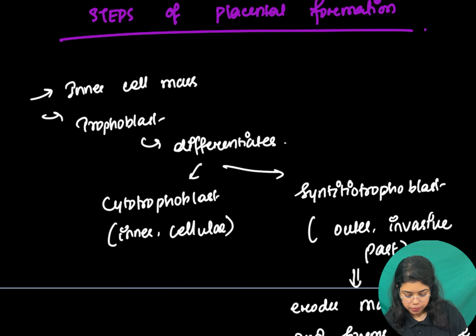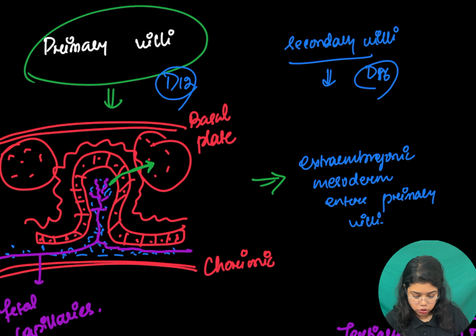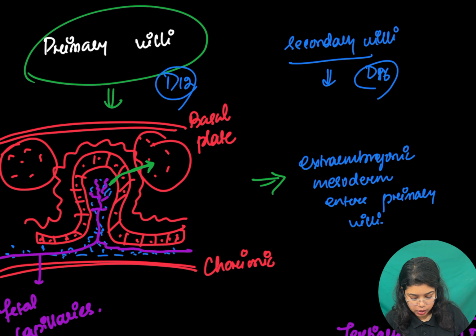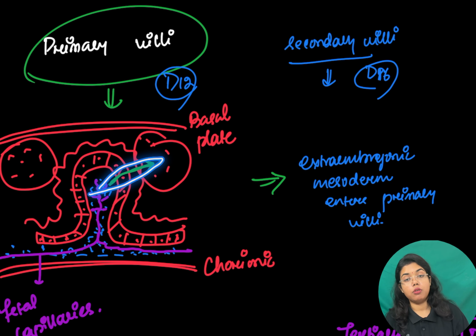This is the image of the placental barrier, the barrier between the fetal blood and the maternal blood. Here is the fetal blood, here is the maternal blood. This is the fetal capillaries and this is the basement membrane. All these form the placental barrier.